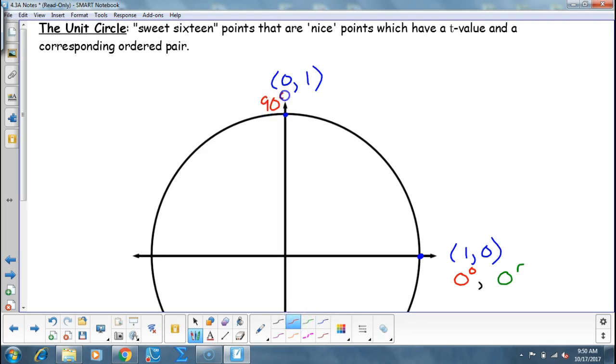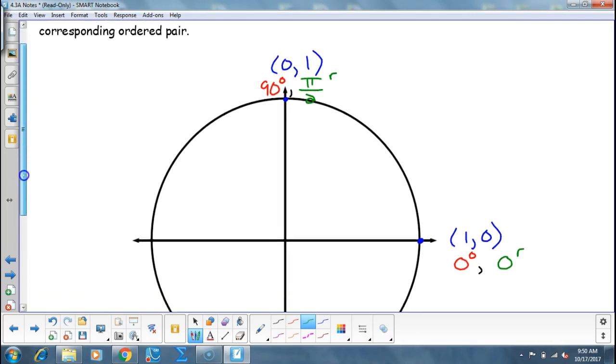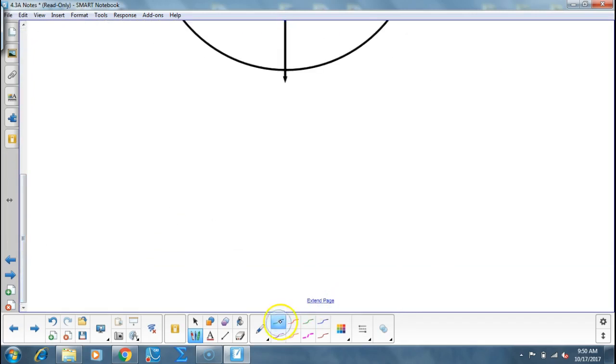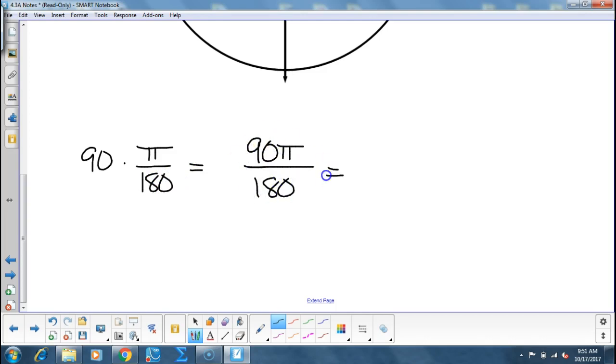Radians-wise, how many radians is it? 1 pi over 2. It's pi over 2. If you convert 90 degrees into radians, you get pi over 2.